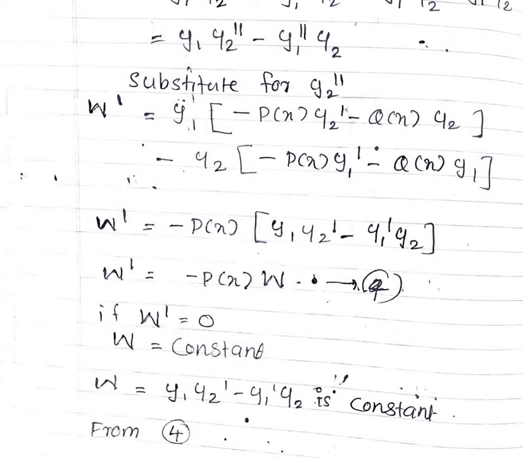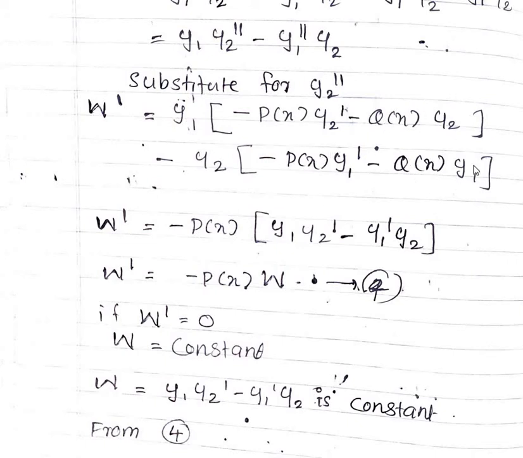When we remove the bracket, this term y1 y2 q(x) is here, and here also, minus of minus, plus y2 y1 q(x). Those two terms will cancel, and we can take -p(x) outside the bracket, combining the first term and the third term.